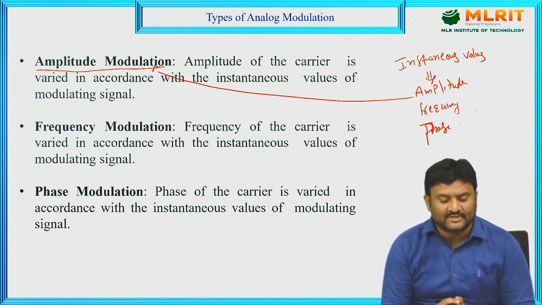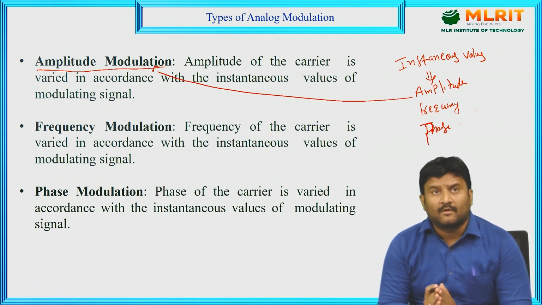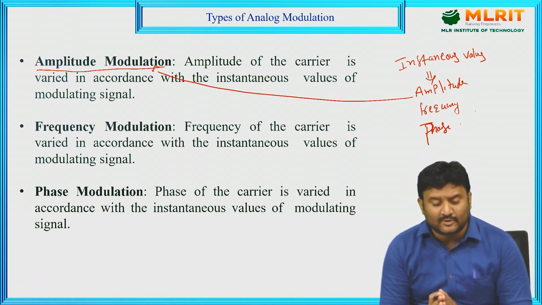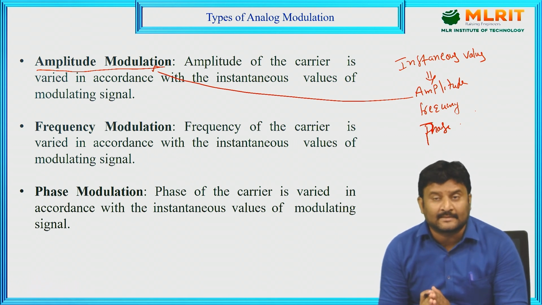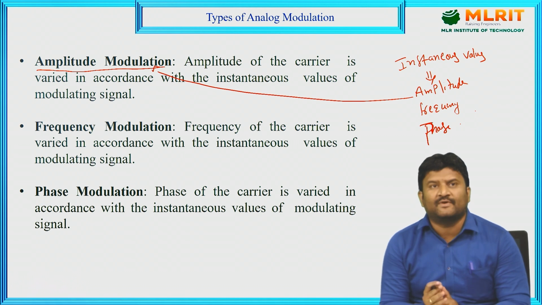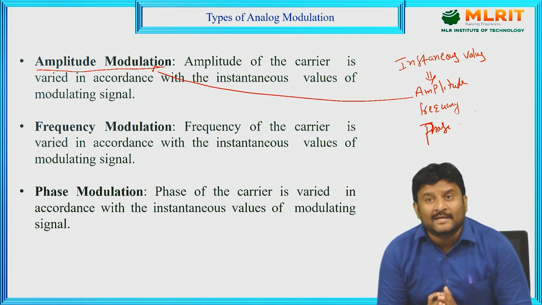What is the definition? Observe. You know the modulation definition. Then what is the definition of amplitude modulation? The amplitude of the carrier signal is varied in accordance with the instantaneous values of the modulating signal.